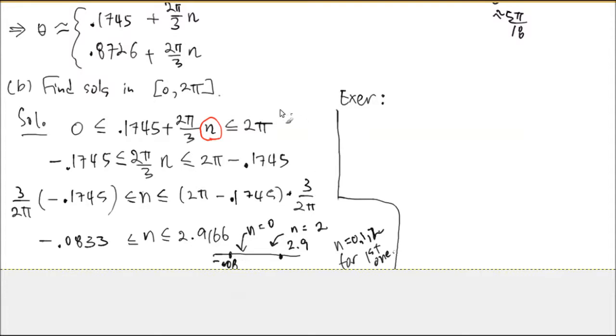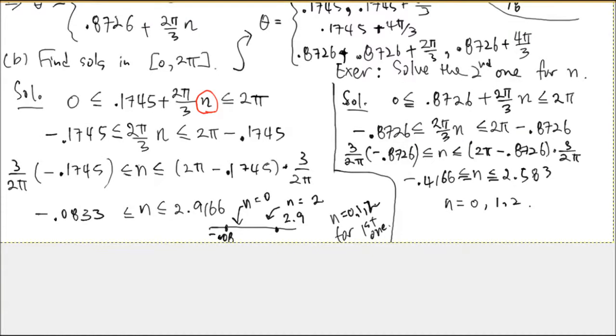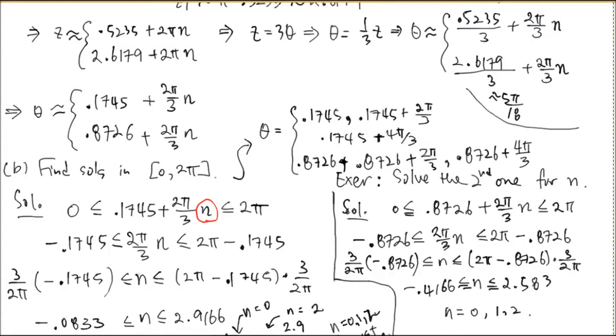There's one more here, and you have to determine which n value is proper for the second one, and that's your exercise. So solve the second one for n. Maybe 3, maybe 2. We'll see. There are 6 solutions as I plug in 0, 1, 2 and 0, 1, 2 there, and that's the final solution for part B.